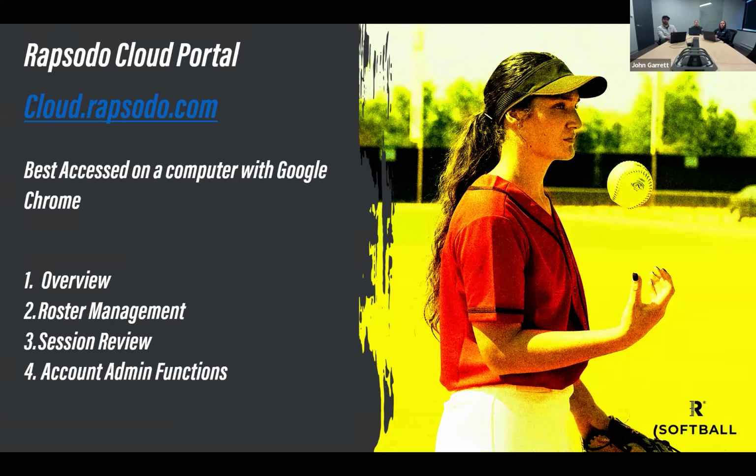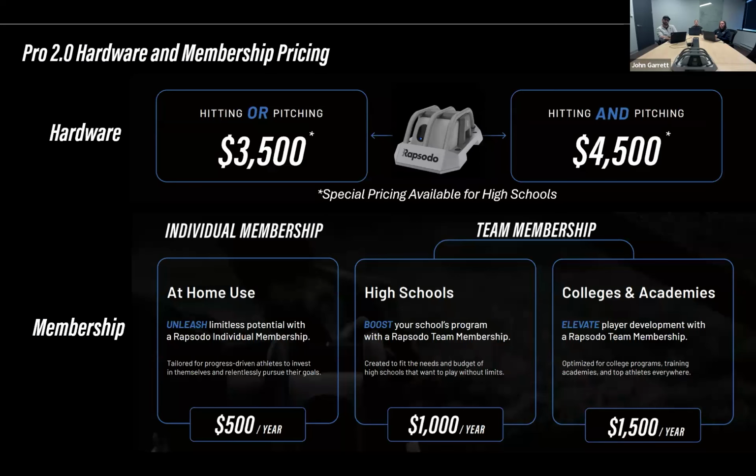We can go on to the next slide that talks a little bit about pricing, and then we'll dive into more questions. With the Pro 2.0, like we've discussed, we have hitting and pitching in the one unit. However, we make it a little bit versatile for you guys. If you just want to start with hitting, or just want to start with pitching, you're able to do that. With hitting or pitching, the unit is $3,500.